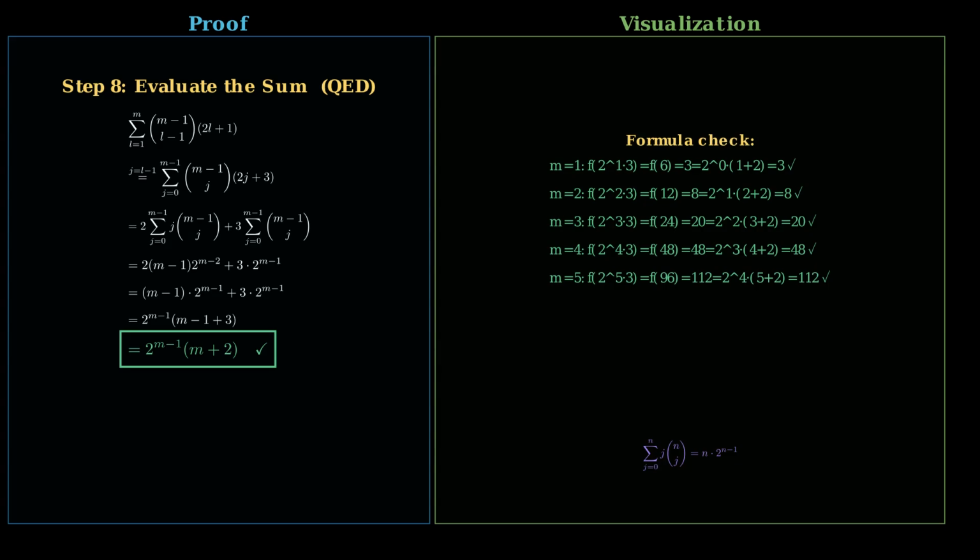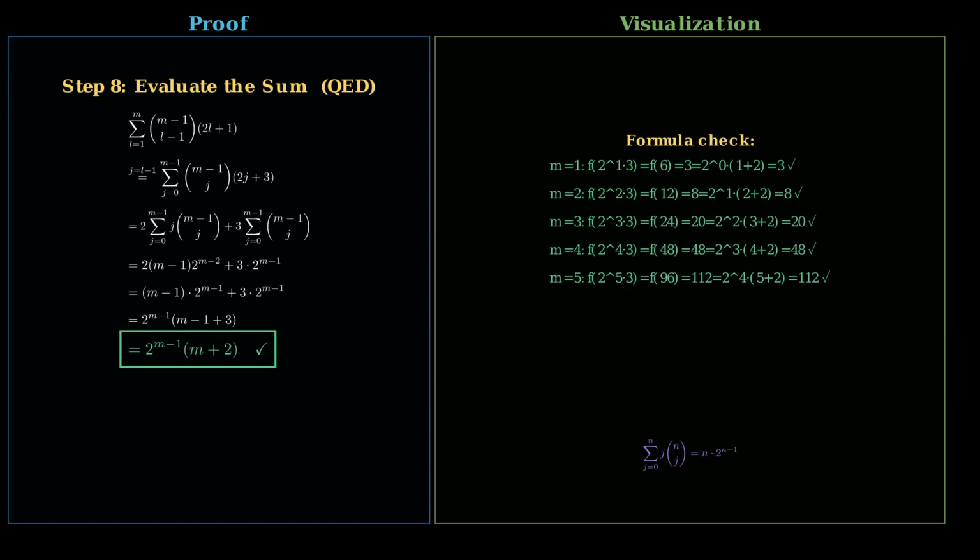By the binomial theorem, the first uses j times C(M-1, j) equals (M-1) times C(M-2, j-1), giving (M-1) times 2^(M-2). The total is (M-1) times 2^(M-1) plus 3 times 2^(M-1), which equals 2^(M-1) times (M plus 2).